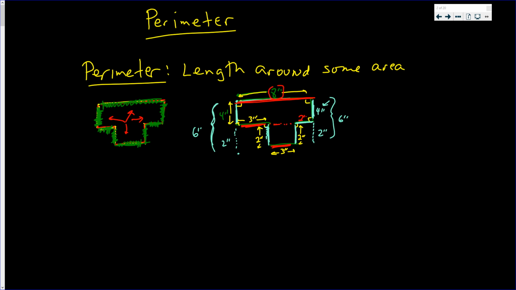Okay, so now I walk around. I'll start here, I'll go clockwise. First I have 8 inches along here, then I go down 4 inches, and then I go to the left 2 inches, then I go down 2 inches, then I go to the left 3 inches, and then I go up 2 inches, and I go to the left 3 inches, and then I go back up 4 inches.